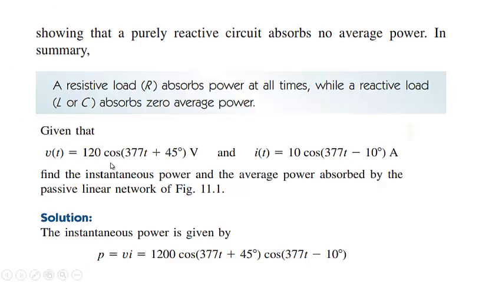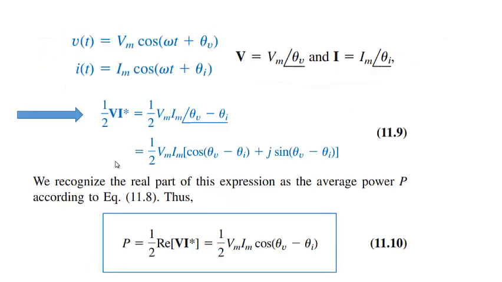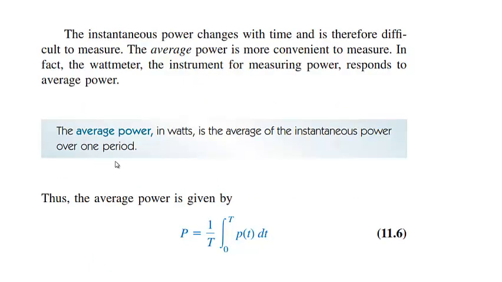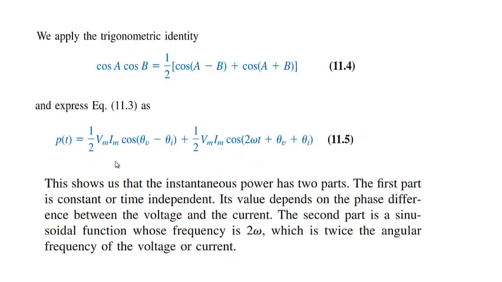Given that v(t) is equal to 120 cos of (377t plus 45), here 120 is the maximum value of the voltage, 377 is omega, and 45 is theta V. And i(t) is equal to 10 cos of (377t minus 10) degrees. We need to find the instantaneous power and the average power. The instantaneous power will be simply the multiplication of these two, or you can simply use this formula, 11.5.